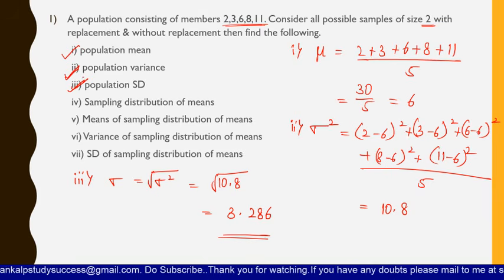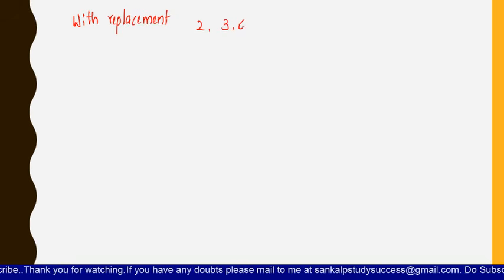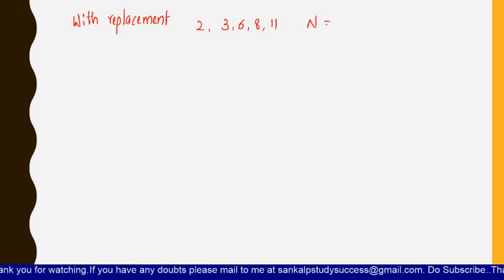Now, with replacement and without replacement. Here we are doing with replacement with the sampling distribution of means. We have the values as capital N equals 2, 3, 6, 8 and 11, where capital N is equal to 5 and small n is equal to 2.